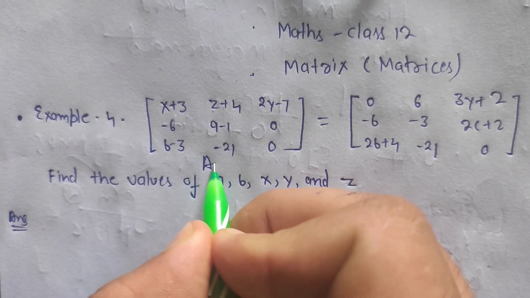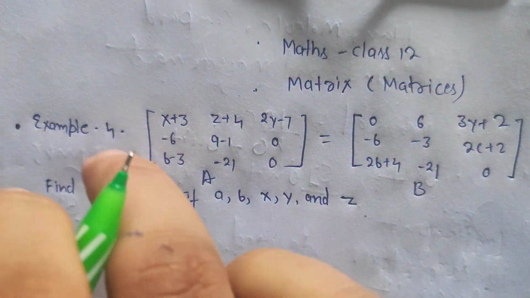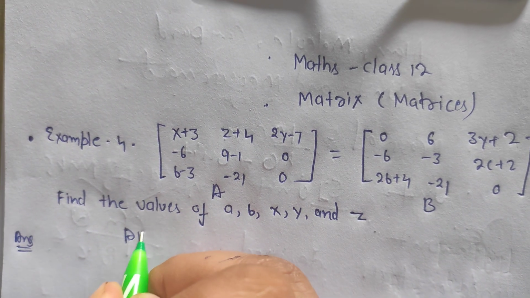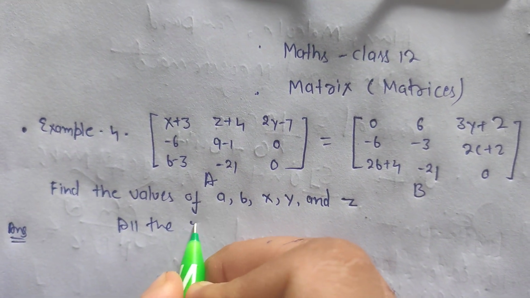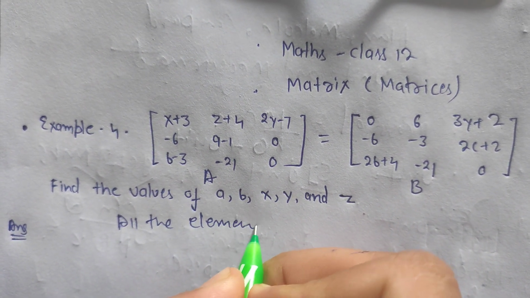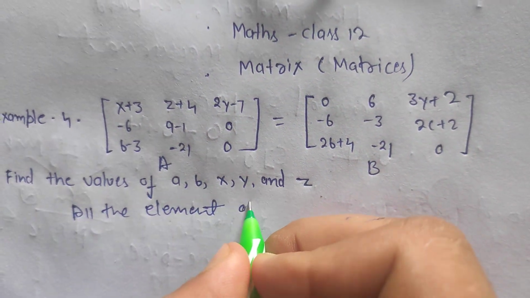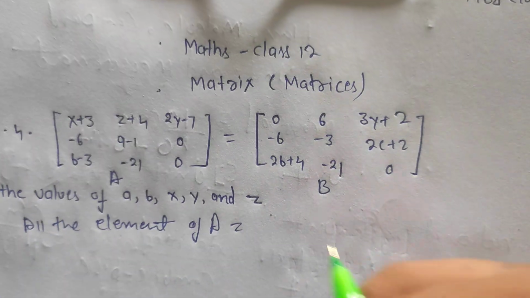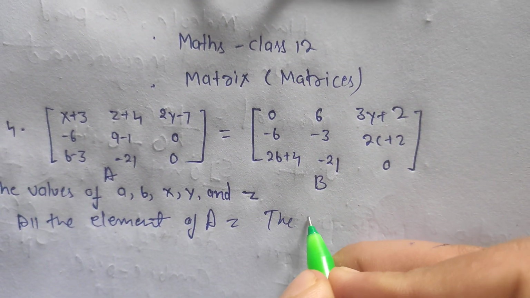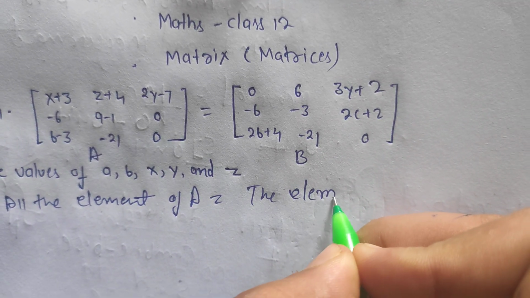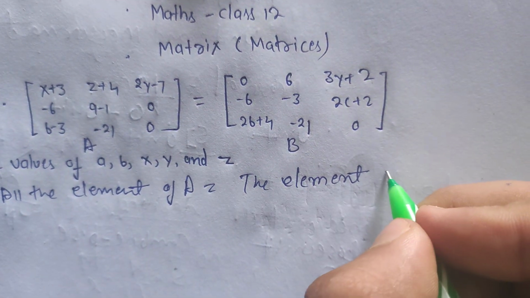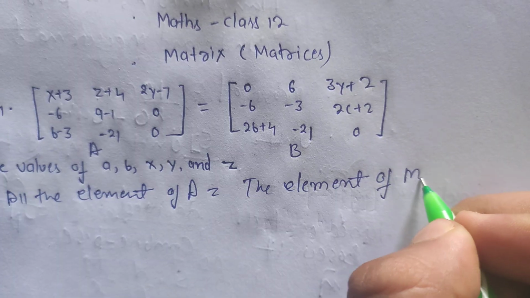Let's say this is A and this is B. So all the elements of A are equal to the elements of matrix B.